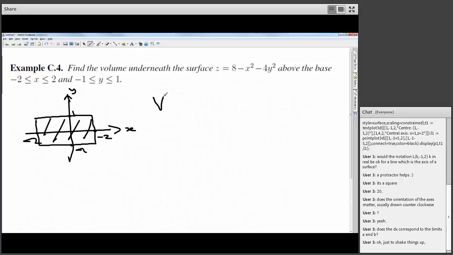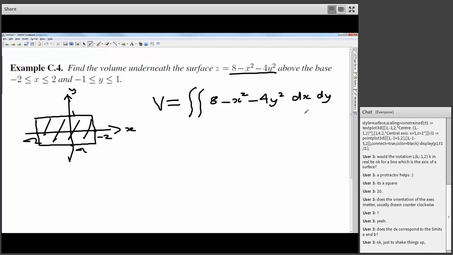So our volume then would be summing in two different directions, so that's the double integral of our function, 8 minus x squared minus 4y squared, and we want to integrate with respect to both x and y. Now you can take a pick, it doesn't really matter. I'm going to pick integrating with respect to x first, and then y next.